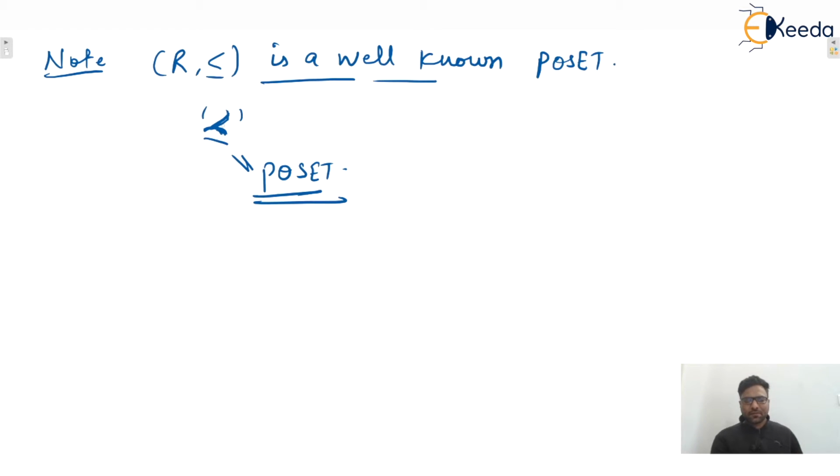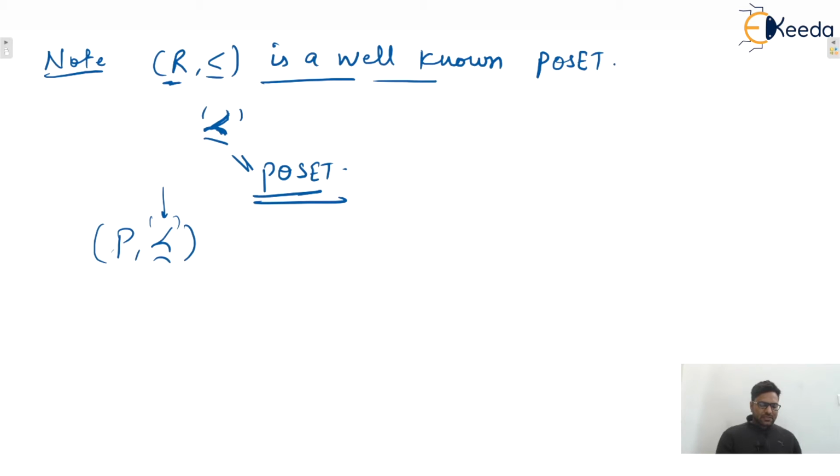Why? Because the set of real numbers R on less than or equal to is a well-known poset. That's why this notation is used sometimes. Sometimes it will be given as a poset on set P. So this is the notation for a poset.